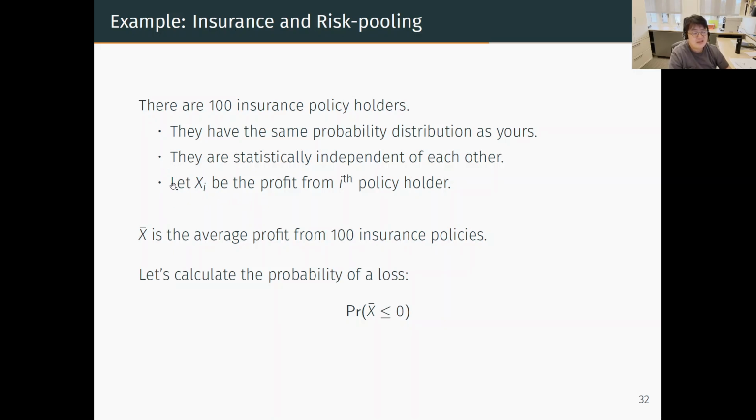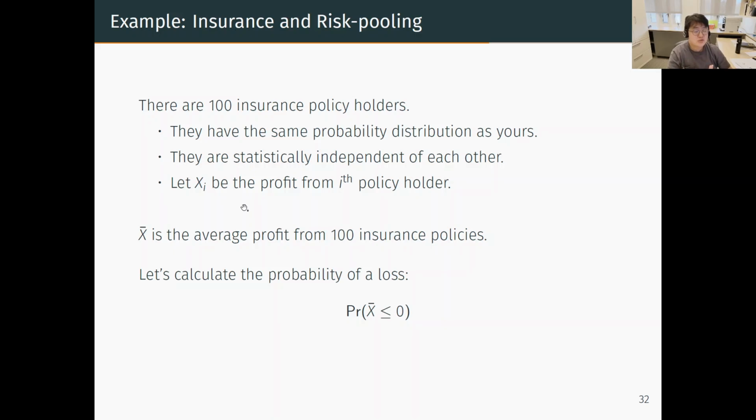Extending the notation, X subscript i denotes the profit from the ith policy holder. There are 100 insurance policy holders, so you can index them from 1 to 100, and the ith person gives X_i dollars as a random variable.